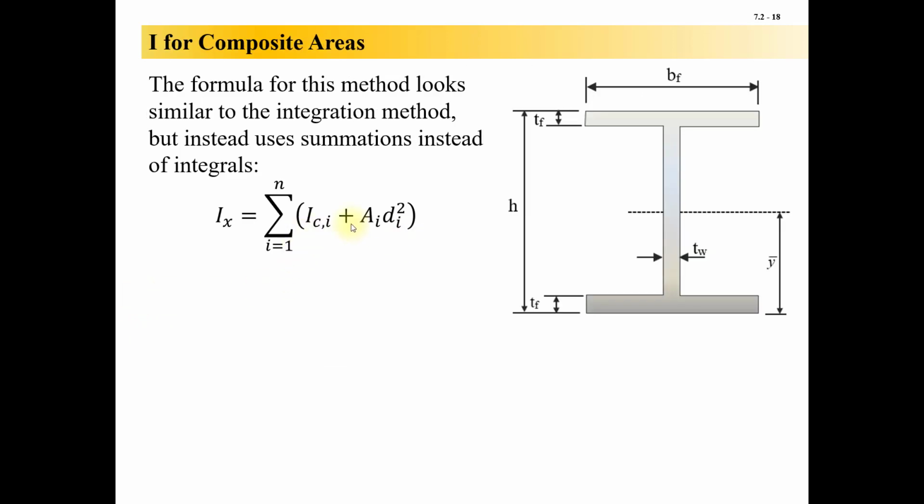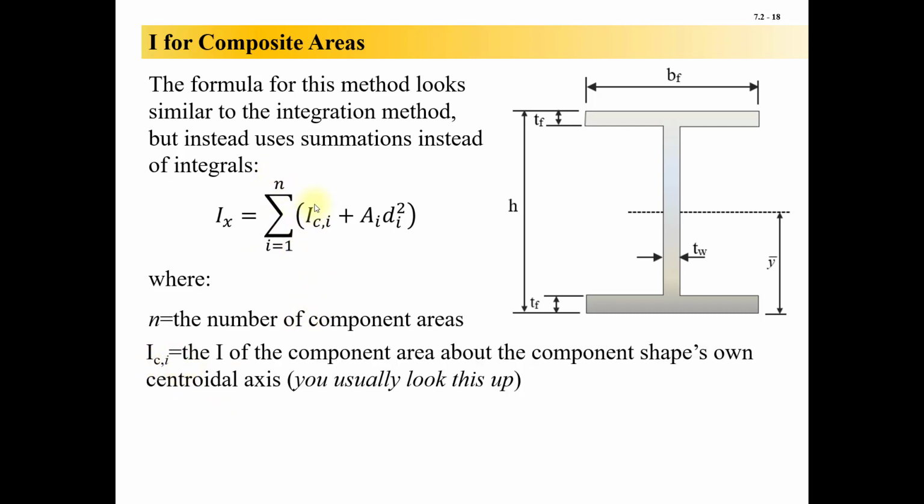So this is what it kind of looks like. It's very similar to what we were doing with our integration. It's just a summation as opposed to an integral symbol. So here, N is the number of component areas. I sub Ci is what you're going to look up in the table. So, moment of inertia about its own centroidal axis for this rectangle up here.